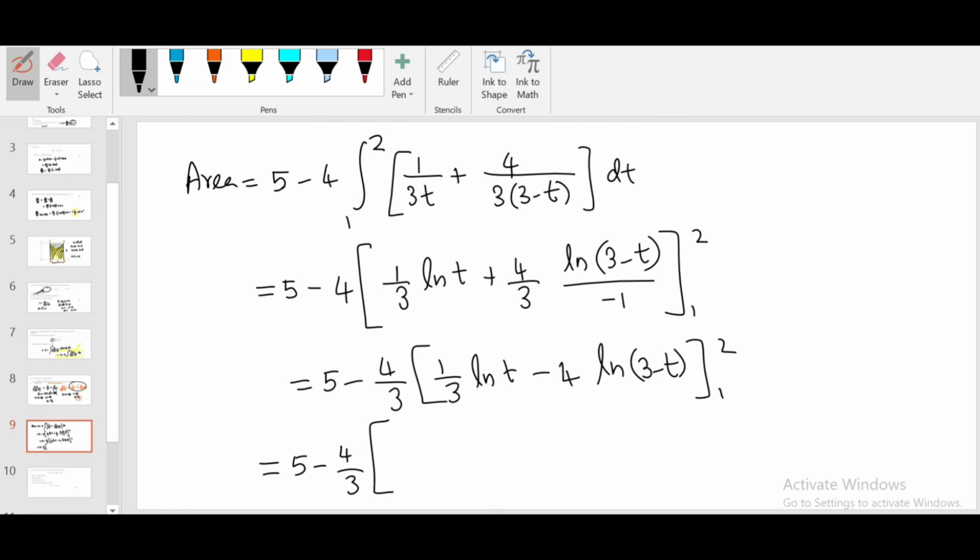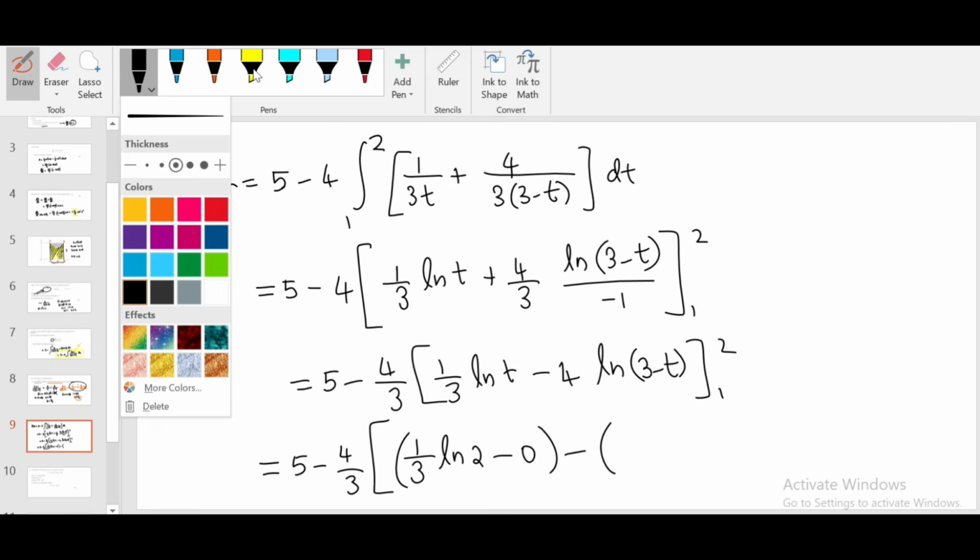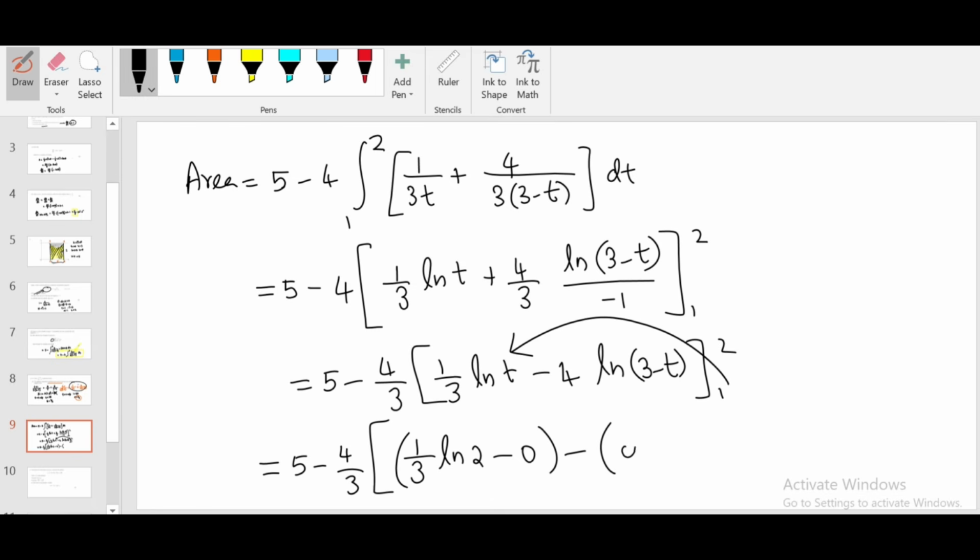When you replace t by 2 here and here, the first one is 1 over 3 ln 2 minus, here when you sub in, 3 minus 2 is 1, ln 1 is 0. So it's straight away 0. Minus, when you sub in the lower limit here, ln 1 is 0, minus 4, when you sub in here, you will get ln 2.